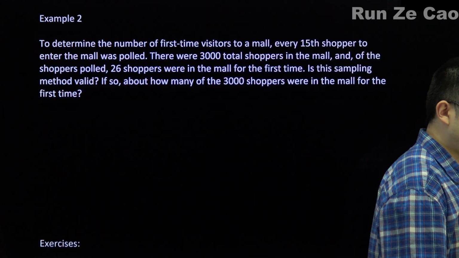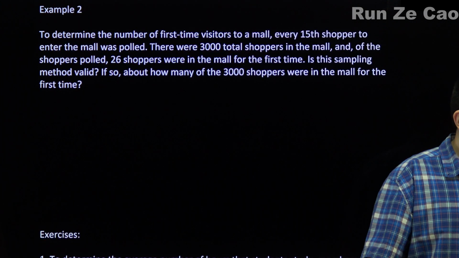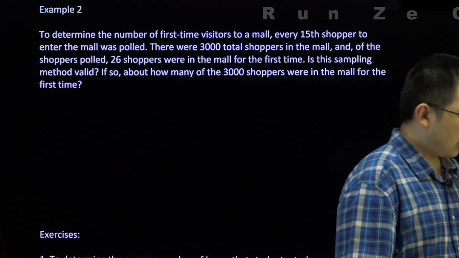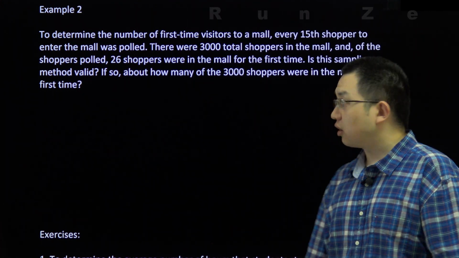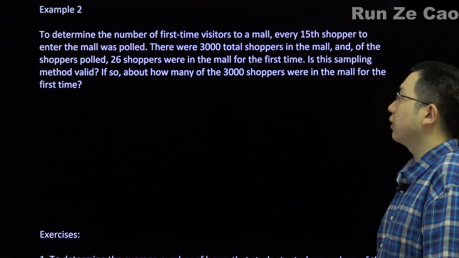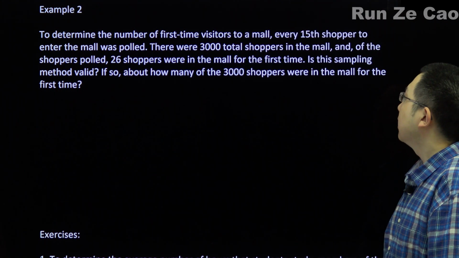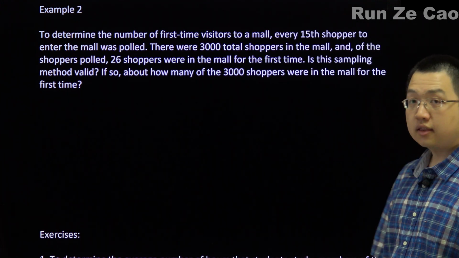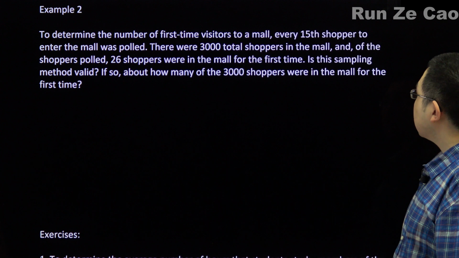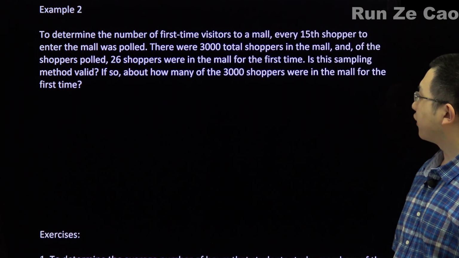Now, to determine the number of first-time visitors to a mall, every 15th shopper to enter the mall was polled. There were 3,000 total shoppers in the mall, and of the shoppers polled, 26 were in the mall for the first time. Is this sampling method valid? And if so, about how many of the 3,000 shoppers were in the mall for the first time?